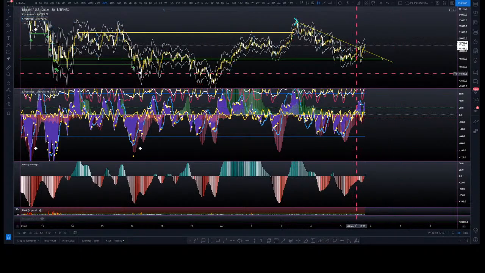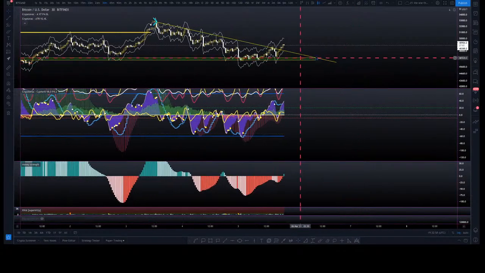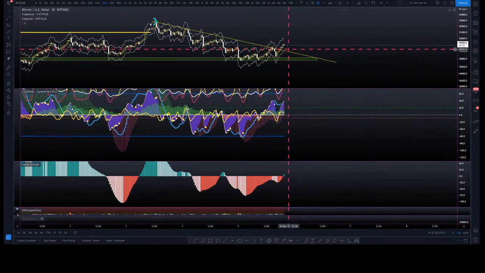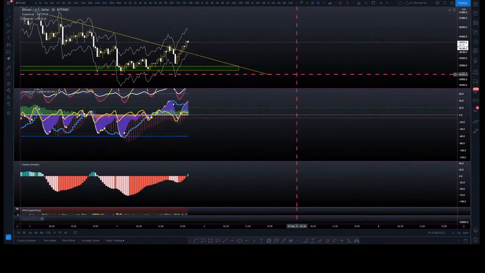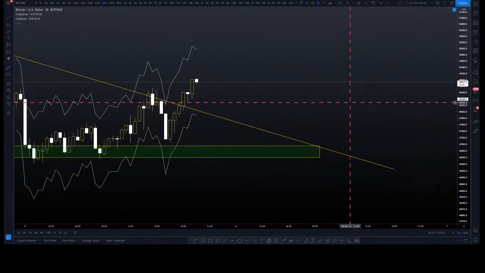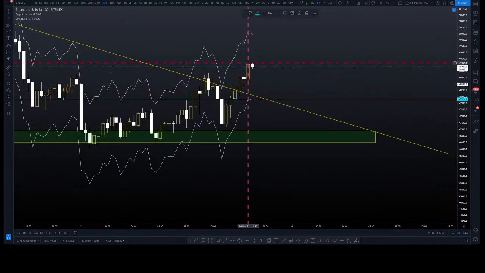You're going long right here on the 30 minute. Your stop is right at the trend line almost. So if we retest, you're still safe. Does that make sense? Right? I'd have my stop right there because that candle is closed.